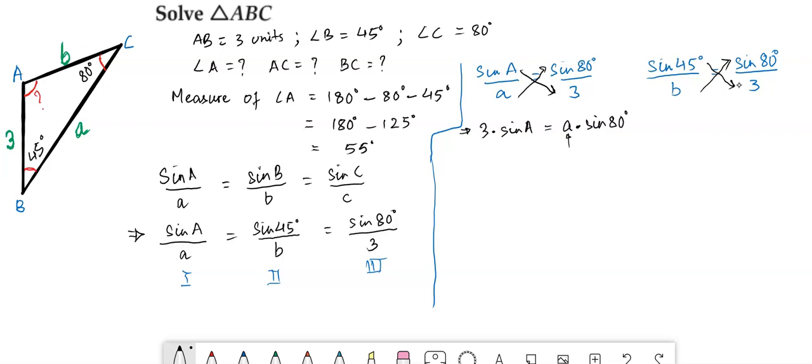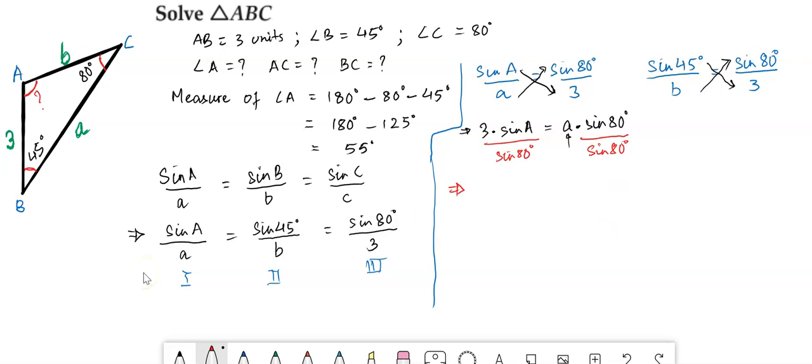So we would want to isolate the variable a alone. So we'll divide both sides by sine of 80 degrees and sine of 80 degrees here. And then our problem will be a bit easier.